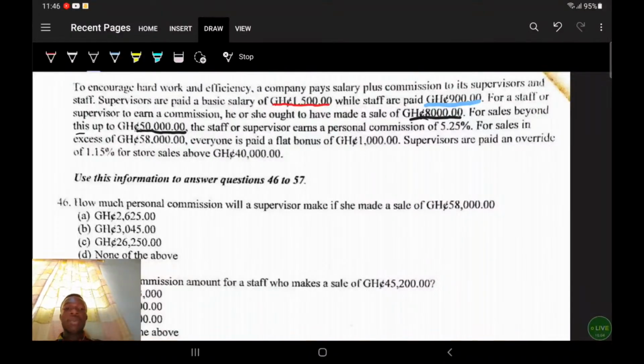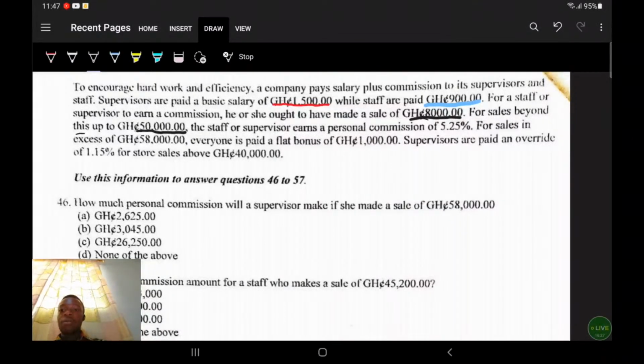Meaning that we have a minimum quota of 8,000 and a maximum quota of 50,000. Any sales within that range, that's where you can earn a commission. You get to understand much more once we start to deal with it. So let's take note of that.